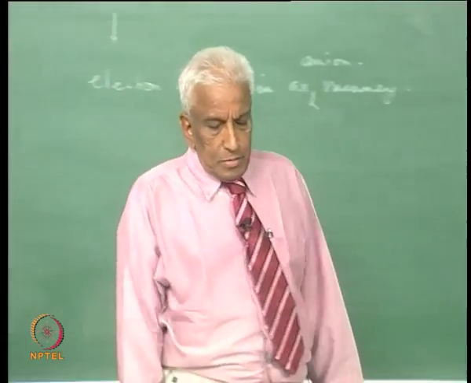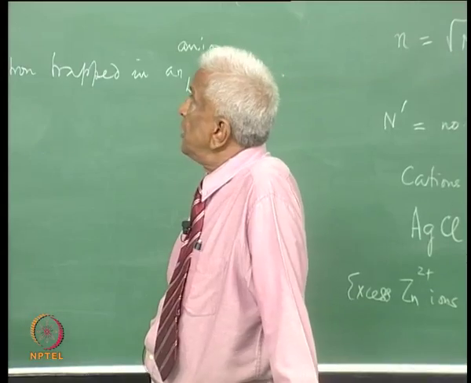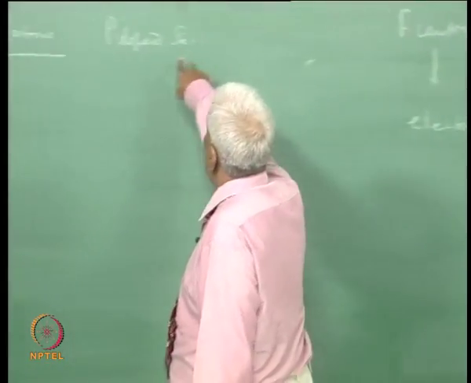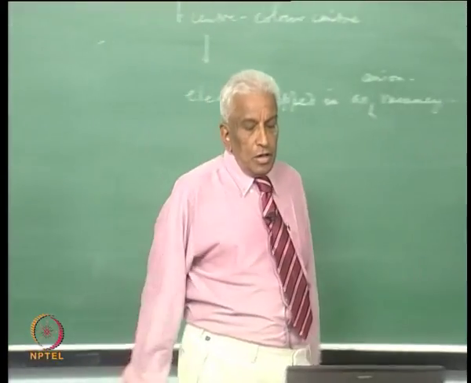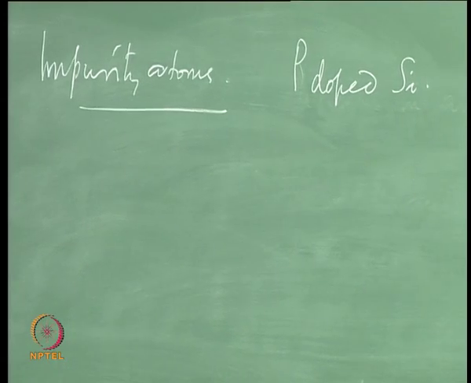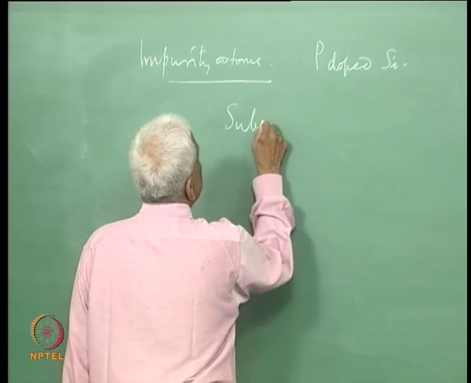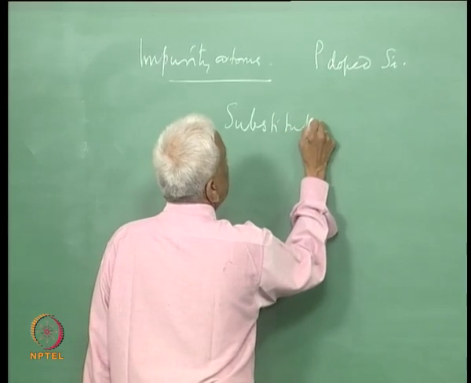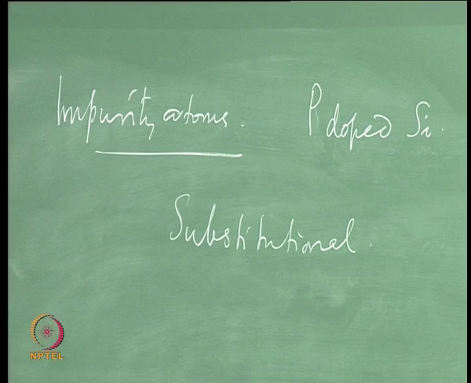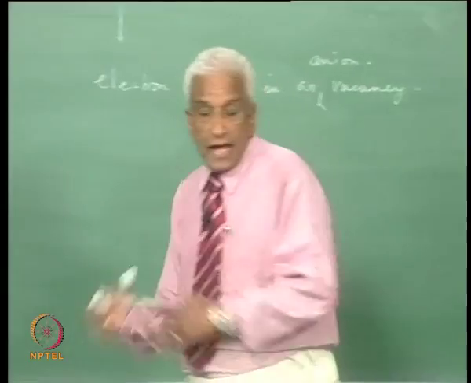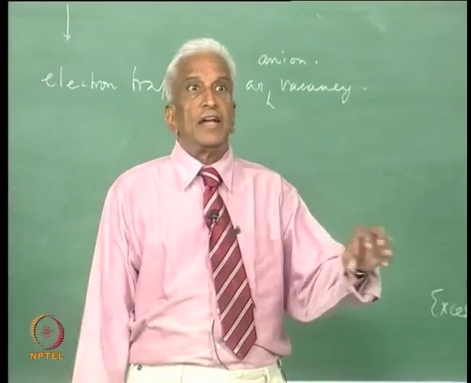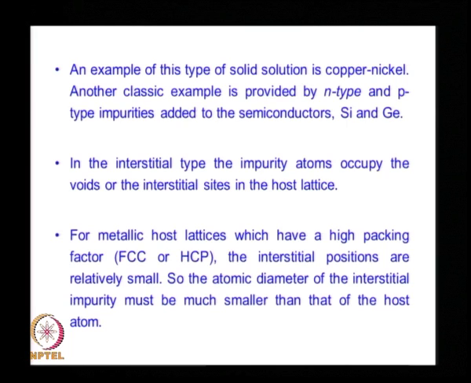So, the phosphorus is a pentavalent impurity doped into silicon which has 4 tetrahedral orbitals. So, you can have a substitutional impurity which means that the impurity atom simply goes into the position of the host atoms. In order to do this, the atomic radii of the impurity atom and the host atom should be comparable, and the crystal structures of both should be the same.